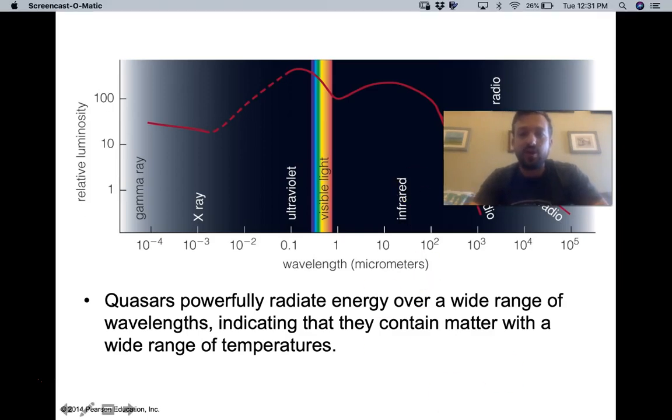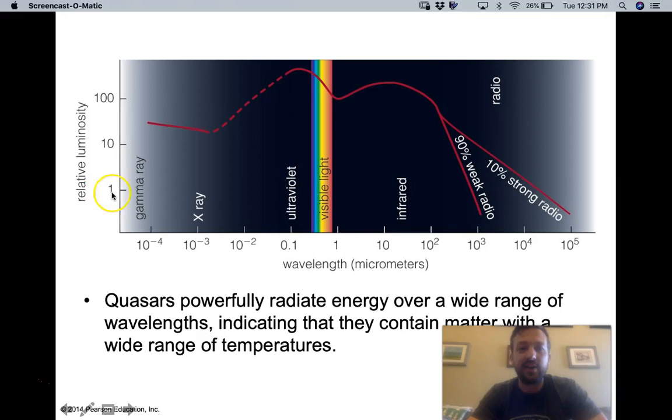We also see a wide range of the electromagnetic spectrum that these quasars put out, indicating that we have a wide range of temperatures of the matter that make them up. So all different types of stars and gases make these things up. That's why we're seeing such a large spectrum.